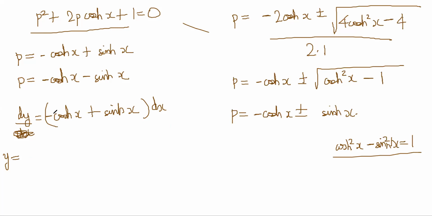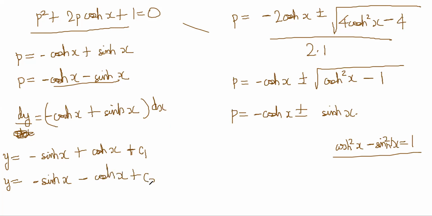So minus sine of x plus cosh of x, plus c1. This is one solution. The other solution will be the second integral: minus sine of x minus cosh of x plus c2.